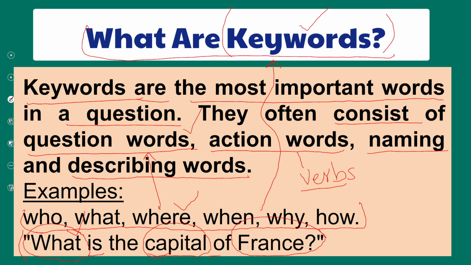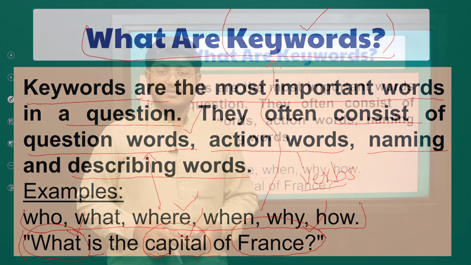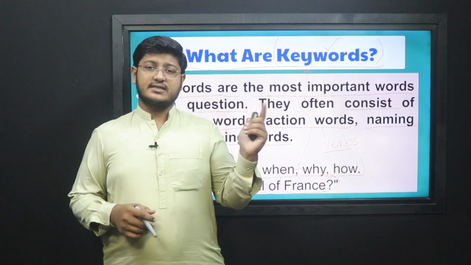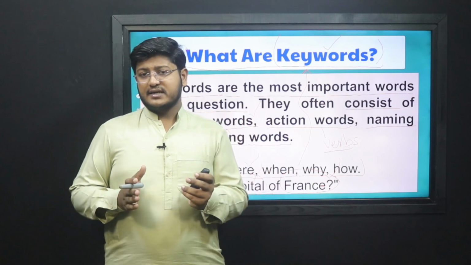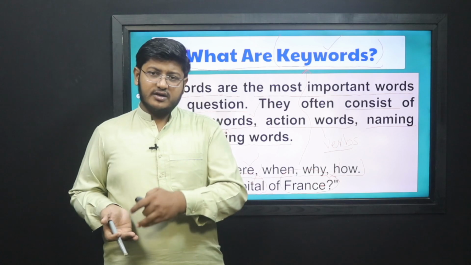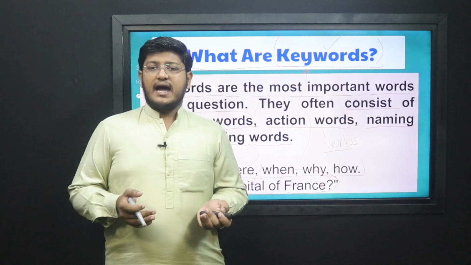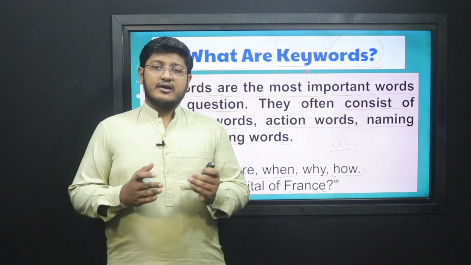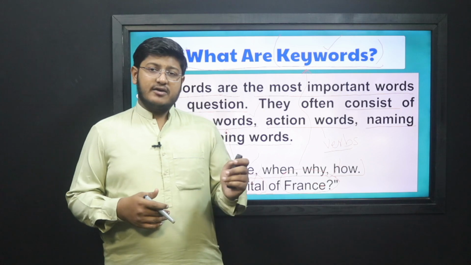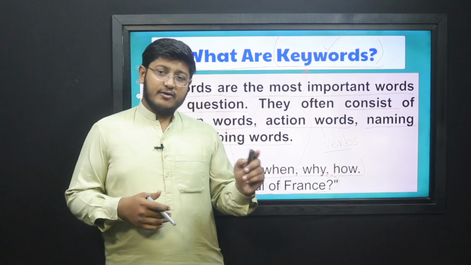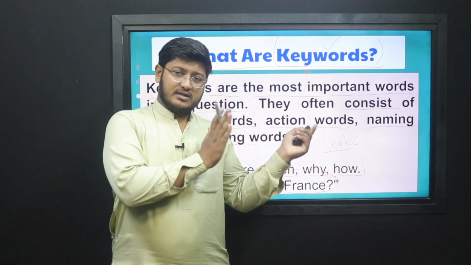There are three keywords in this question, and through the identification of these three words we can easily understand the question. We know that France is a noun, we know that capital is a describing word or an adjective for France, and we know that what is a question word, which means he wants to ask about something, what that is or what a thing is.